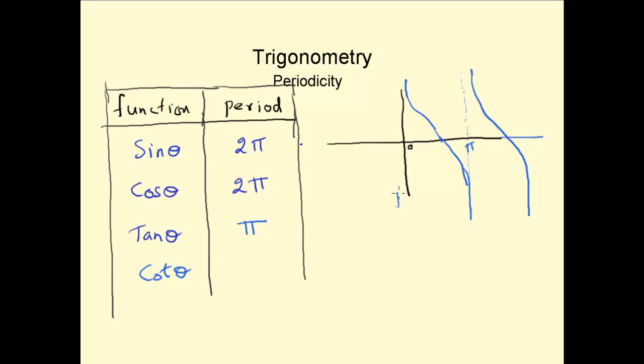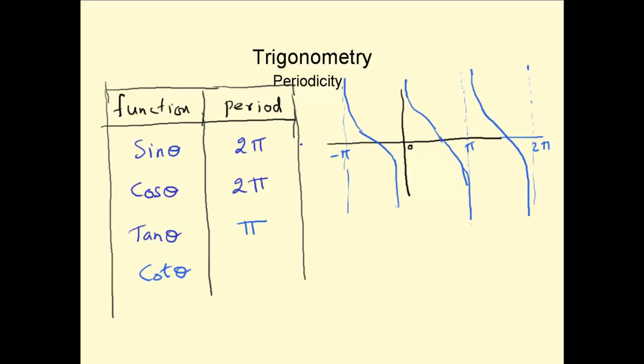Similarly it goes from minus infinity, something like this. So if you draw the lines at the asymptotes, this is pi, this is 2 pi. If you draw a line here, this is minus pi.